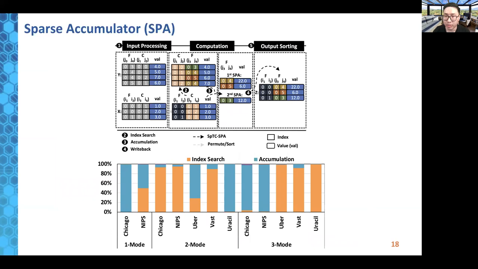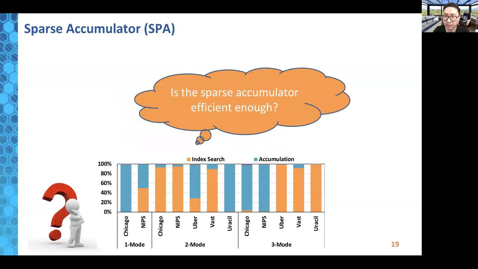Though this approach is efficient, we observe that the index search and accumulation stages dominate the total execution time. In this case, more than 99% of the time is spent on index search and accumulation stages, which are still the bottleneck. A new challenge comes up.